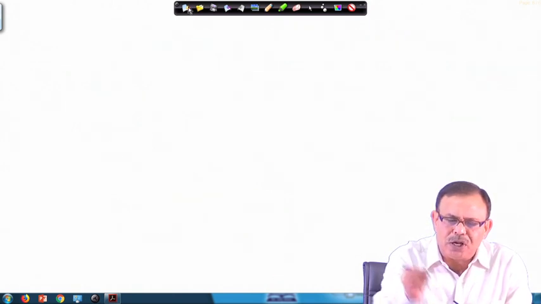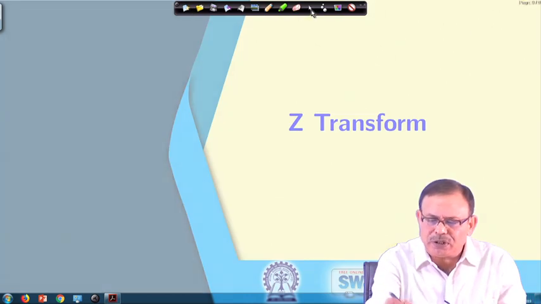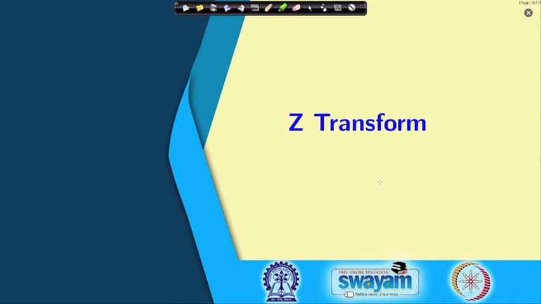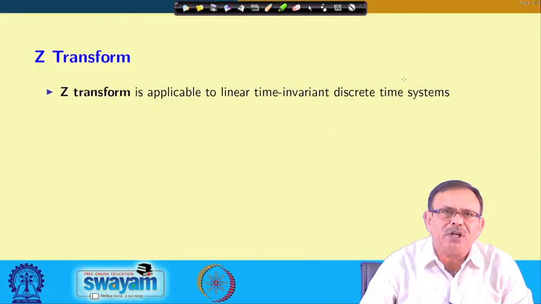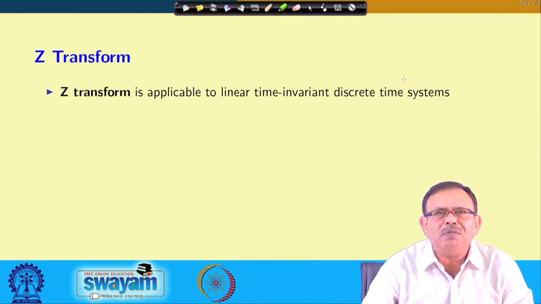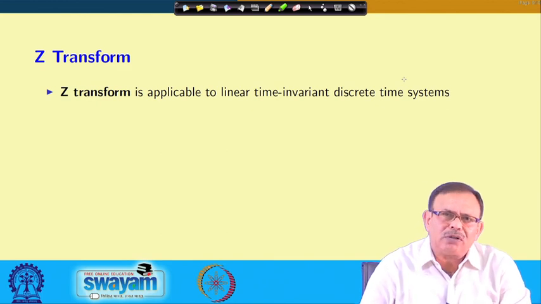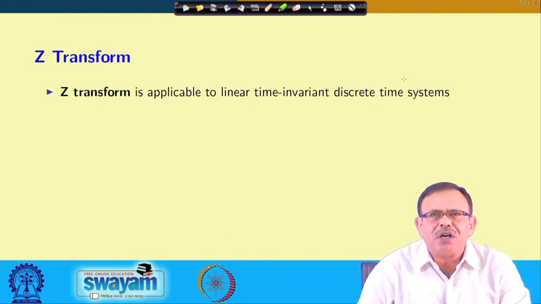Now, let us come to the last topic, that is the Z transform. Z transform is applicable to linear time invariant discrete time systems. That is, in a time series, whenever you are talking about a system which takes discrete values, not continuous values.